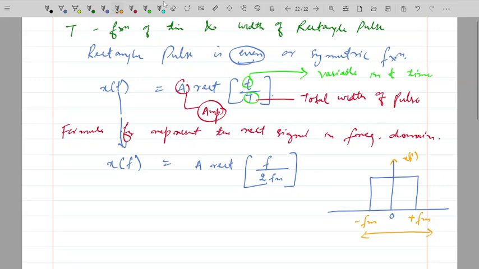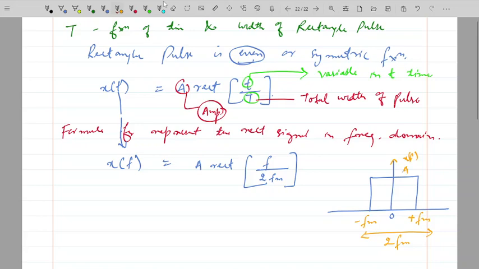If fm is the modulating frequency, we can represent it as plus fm and minus fm. The combination of plus fm and minus fm is the total width of this rectangular pulse. So a is the amplitude of this rectangular pulse.